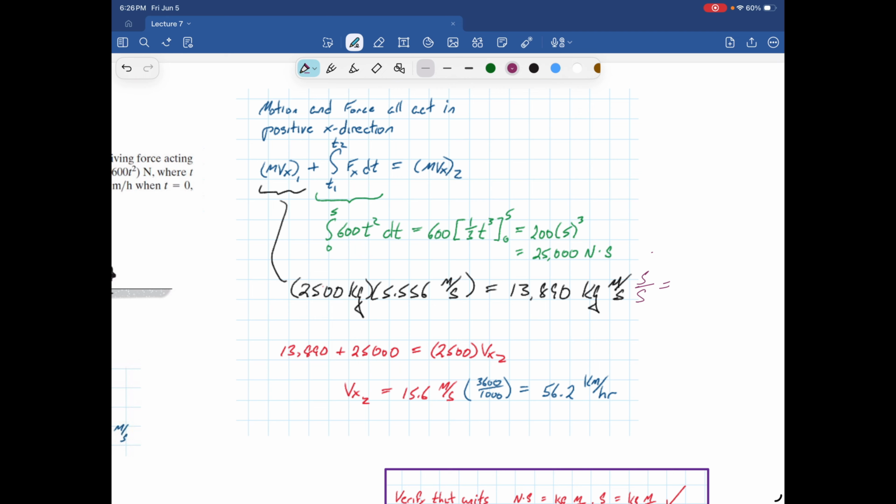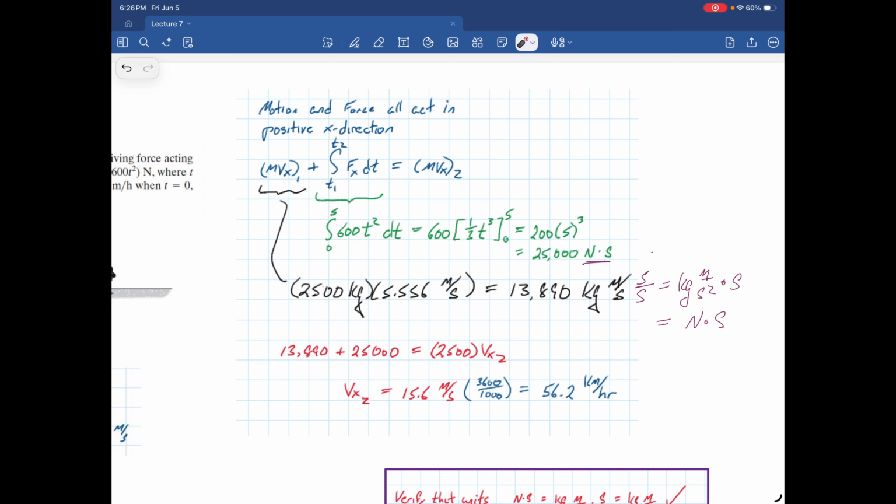So this equals a kilogram meter per second squared times seconds, which gives me newtons times seconds. So when you're evaluating the integral of F dt, you're going to end up with newton seconds, whereas when you're evaluating your linear momentum, you'll end up with kilogram meters per second. But you want to verify that they are the same.